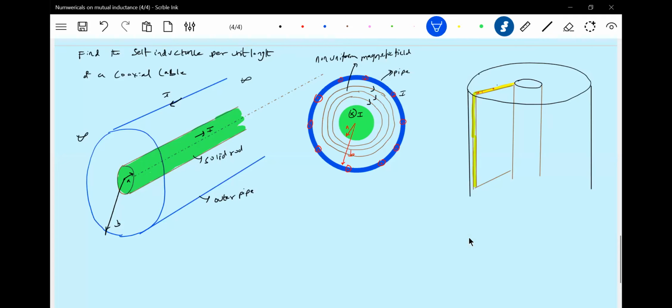Here I assumed a strip. Let's calculate the flux linking this strip.